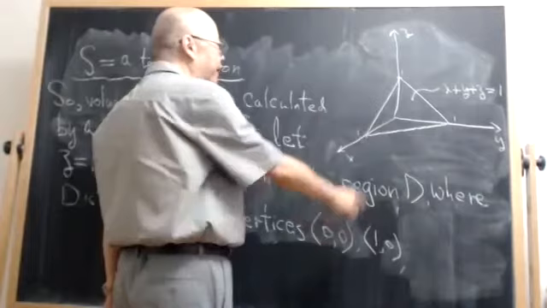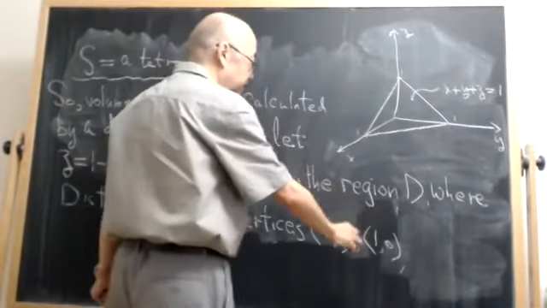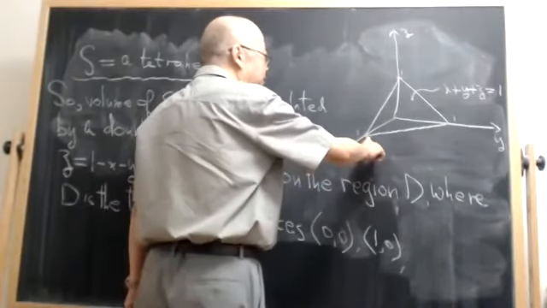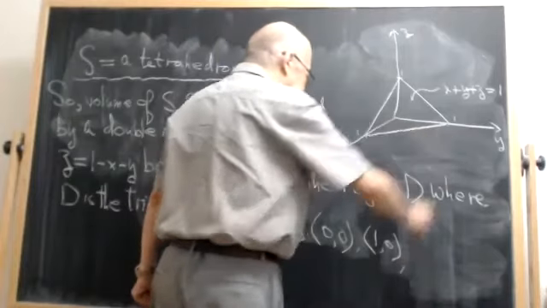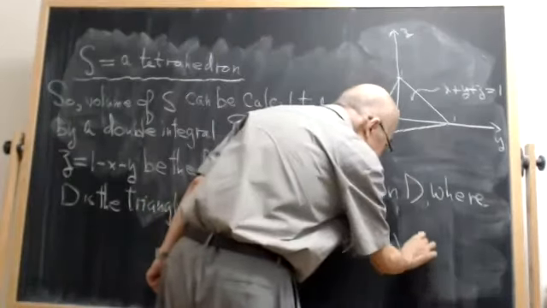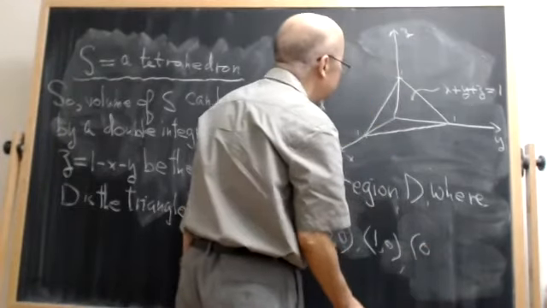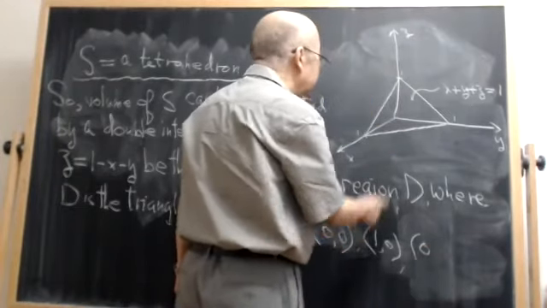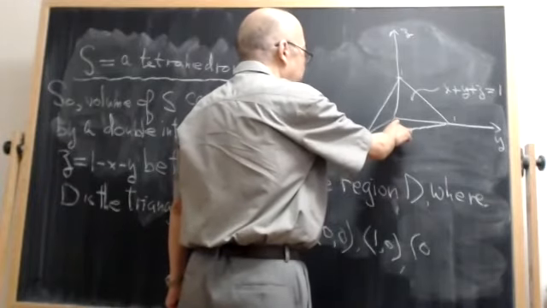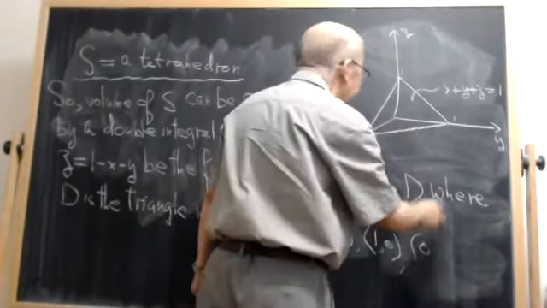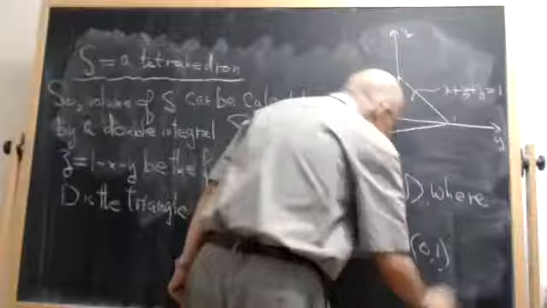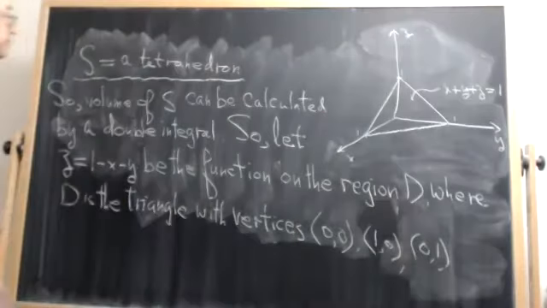And this is 0, 1. No. 0, 0, and then 0, 1. Okay.